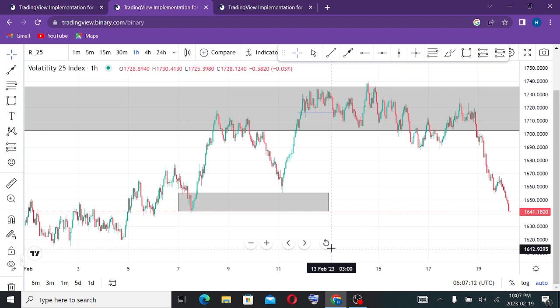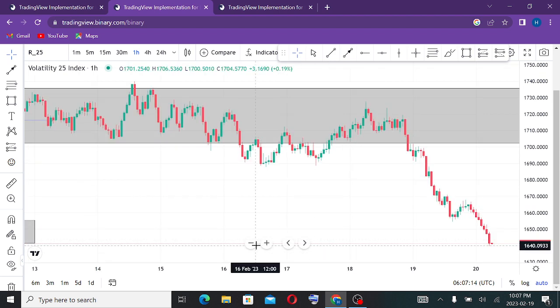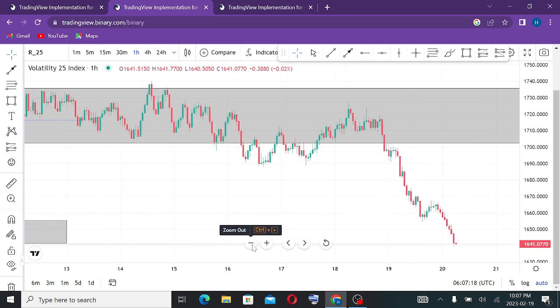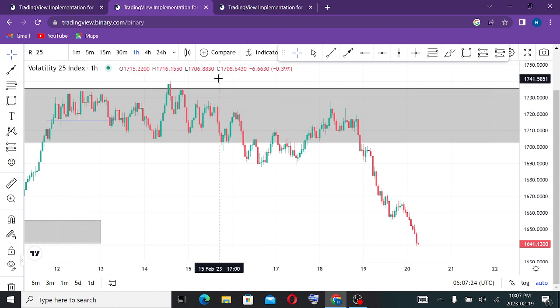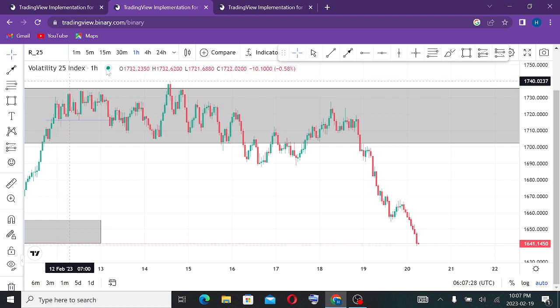Having broken structure, the market also did another very funny thing. It broke it to the upside.